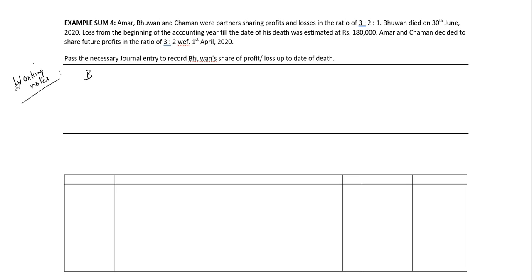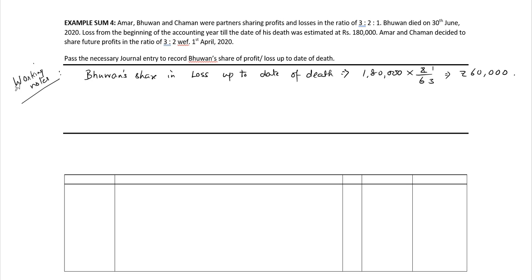So to get Bhuvan's share in the loss up to the date of death, we will take the total estimated loss, which is rupees 1,80,000, and multiply this by Bhuvan's share in profits, which is 2 divided by 6, comes to rupees 60,000.